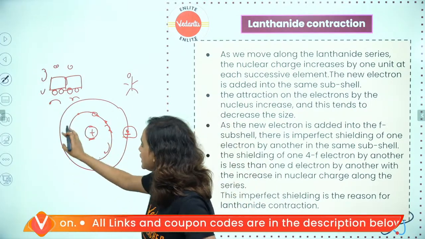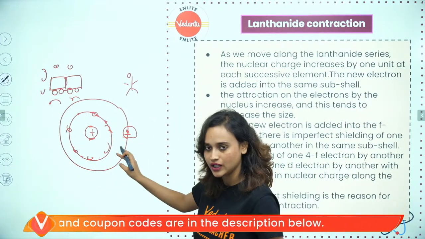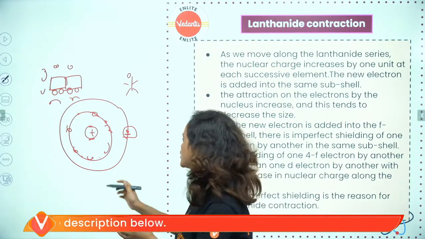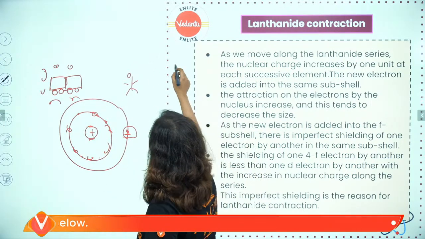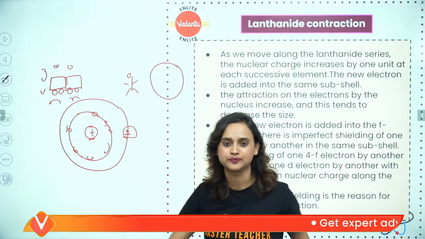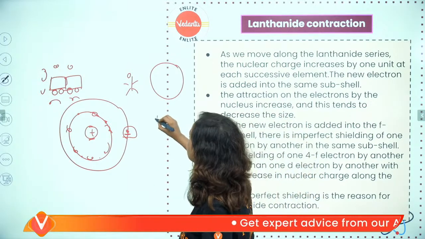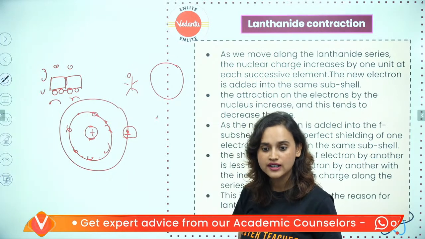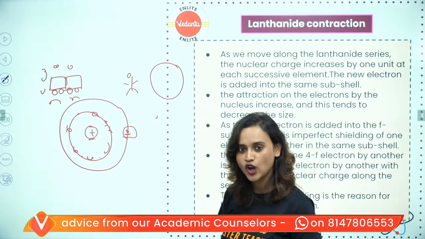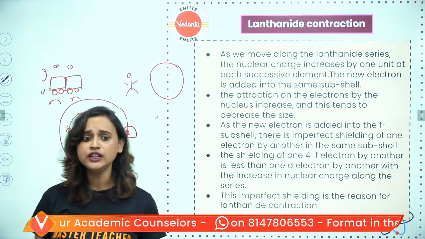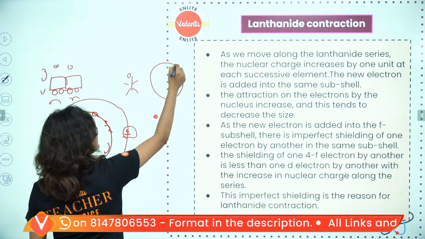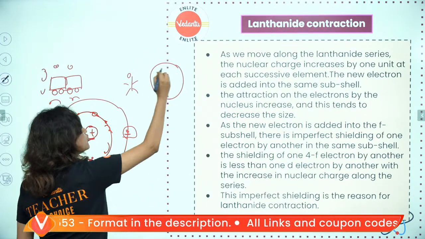See, now if the electron clouds, you all know that electrons also form like a cloud, right? So, if the cloud is spherical like this, do you think that this electron will be able to easily get pulled by the nucleus? The electron is right here and there is a spherical cloud of electron.